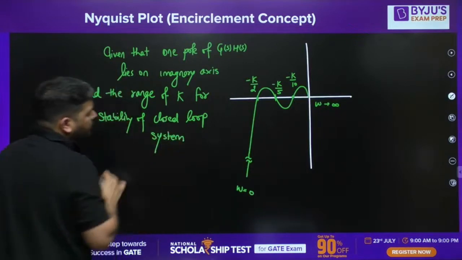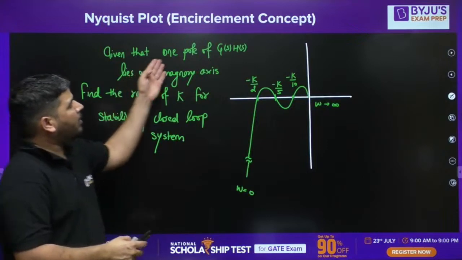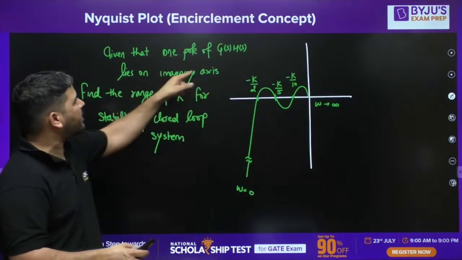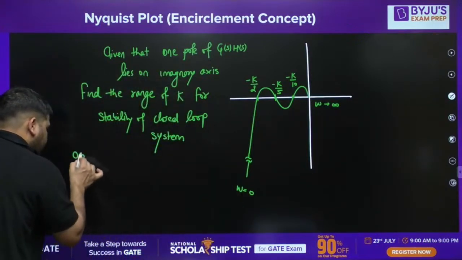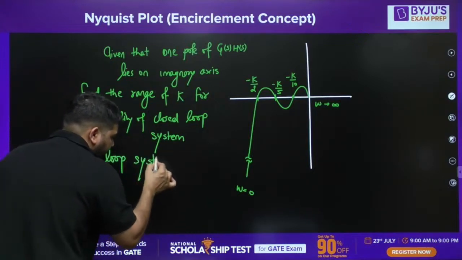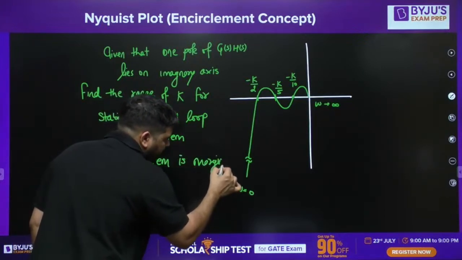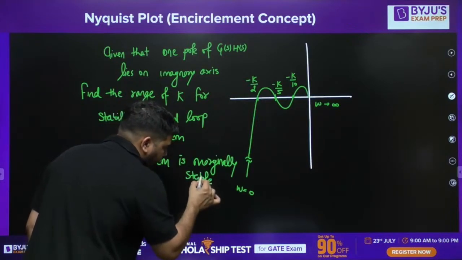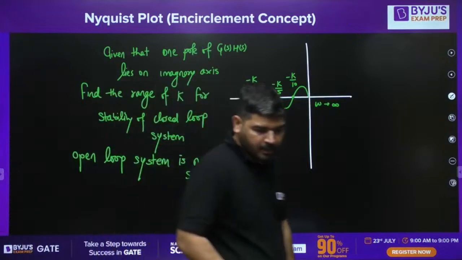Given that the open loop system is stable with one pole on the imaginary axis, it is marginally stable. It means one pole lies on the imaginary axis, and the remaining poles lie on the left half of the S-plane.